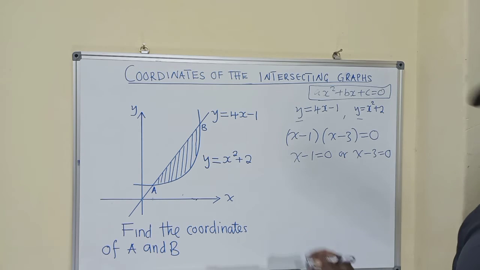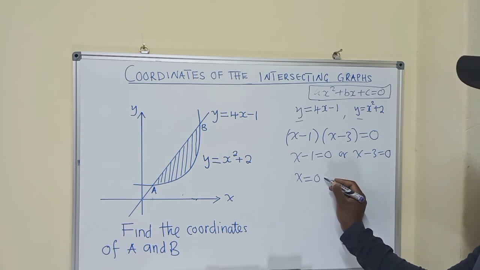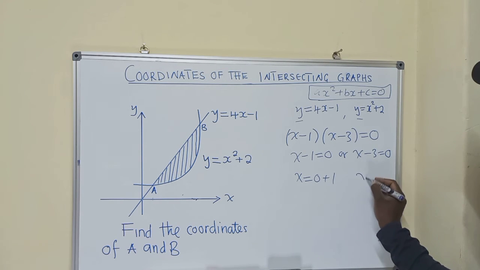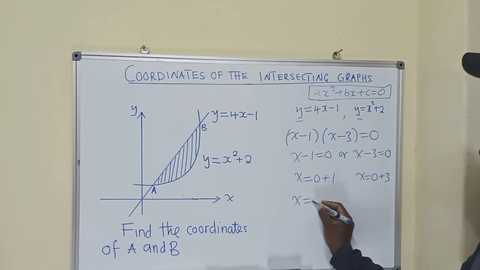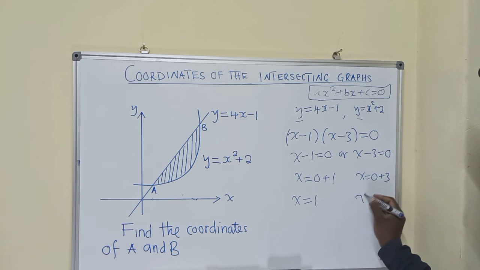To 0. So here, x will be equal to 0 plus 1. Here it will be equal to 0 plus 3, which is equal to 1, because 0 plus 1 is 1. Here 0 plus 3 is 3.